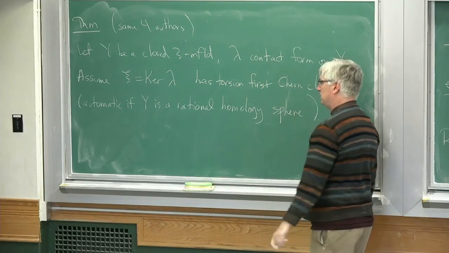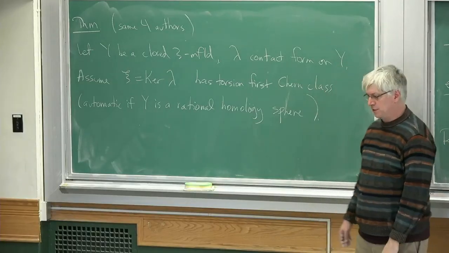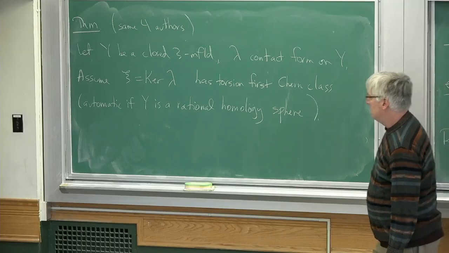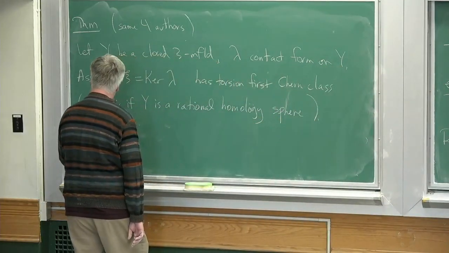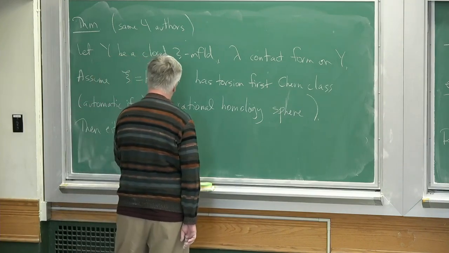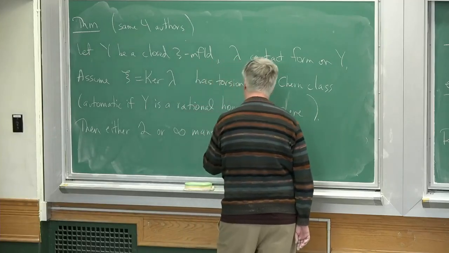So if all you care about is S3, it's also true for the cotangent bundles of surfaces that we talked about. So then there are either two or infinitely many simple Reeb orbits.